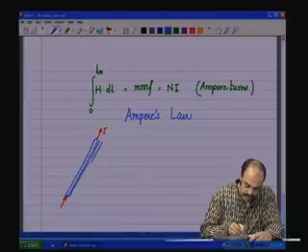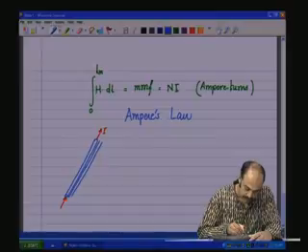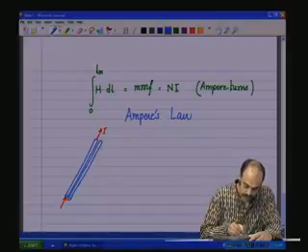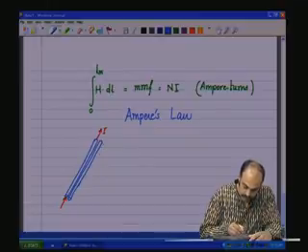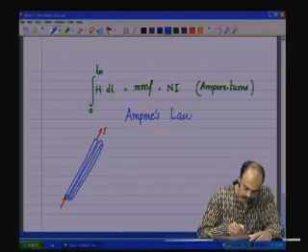Number of such similar conductors so on.